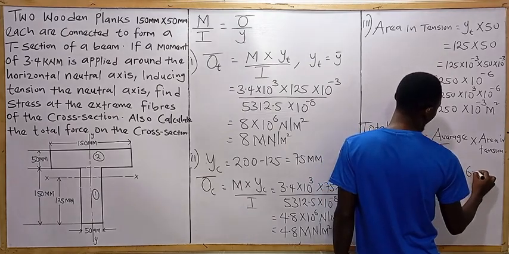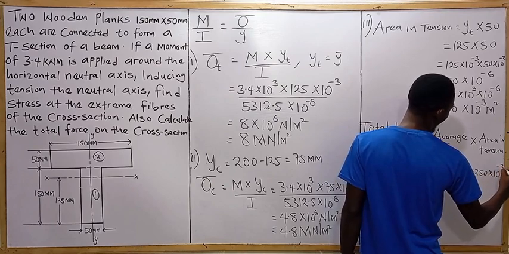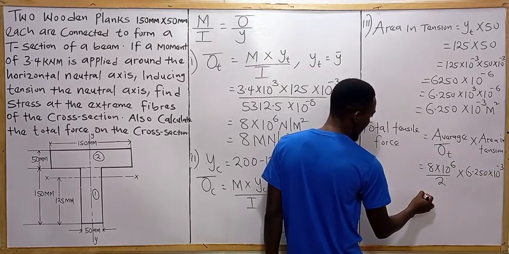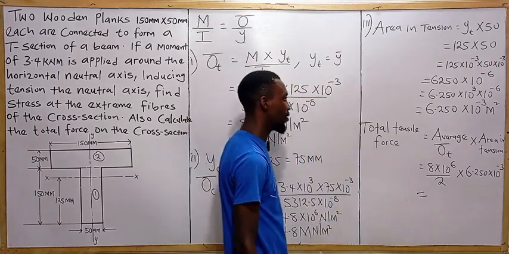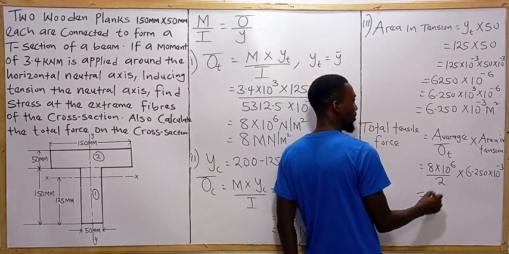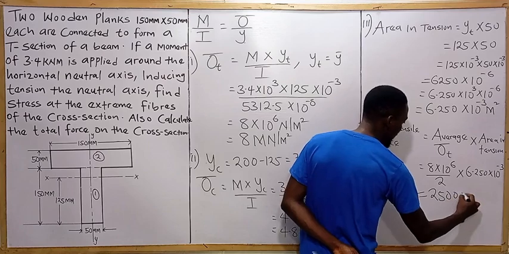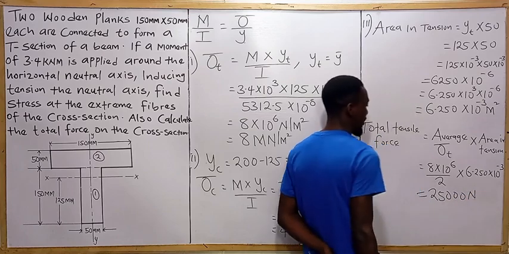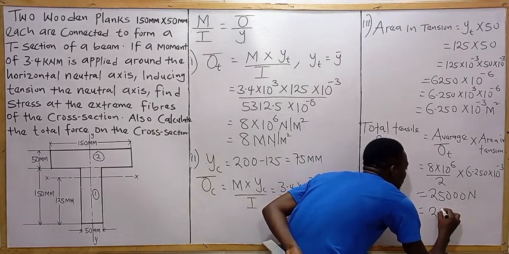So it's going to be 6.250 times 10 to the power of -3. All right, so if you do that now, you are going to have your answer to be 25,000 Newton, which you can further write as 25 kilonewton.